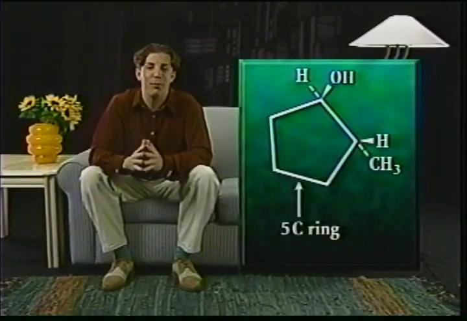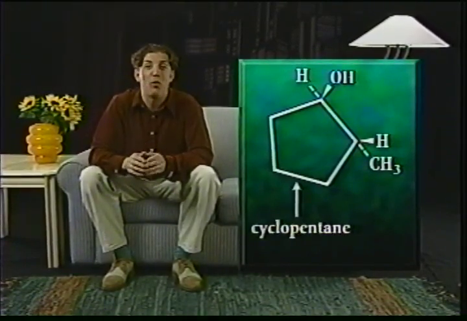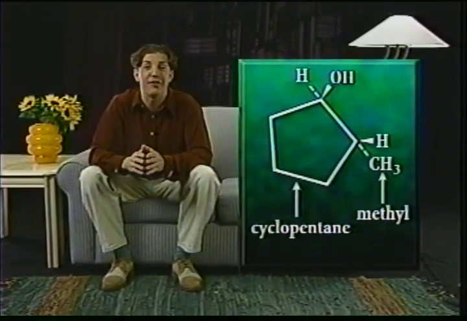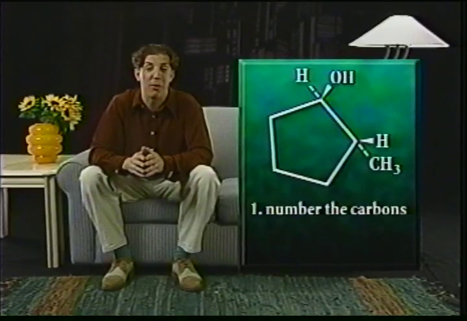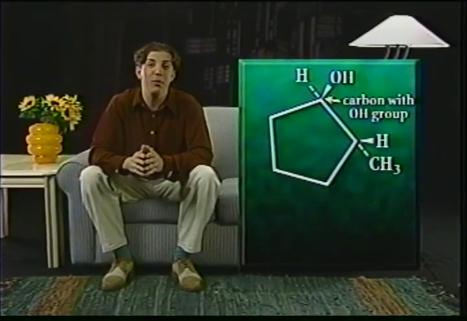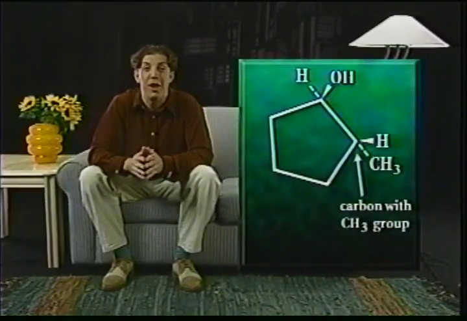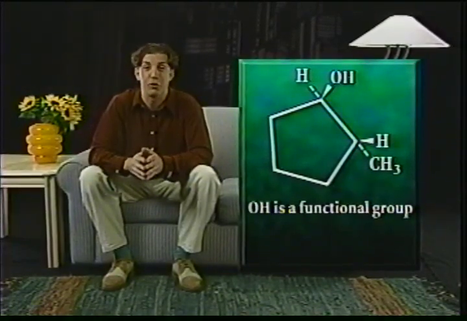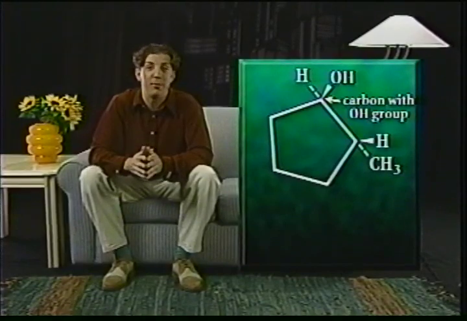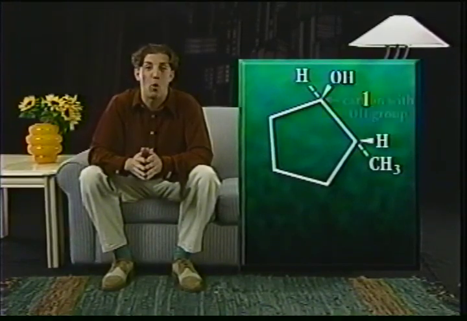We've got a 5-carbon ring, cyclopentane, with a methyl group on one carbon and an OH group on an adjacent carbon. The first thing we have to do is number the carbons. The carbon with the hydroxyl group kind of takes precedence over the carbon with the methyl group because the OH group is a functional group. So we number the carbon with the OH group, carbon number 1.